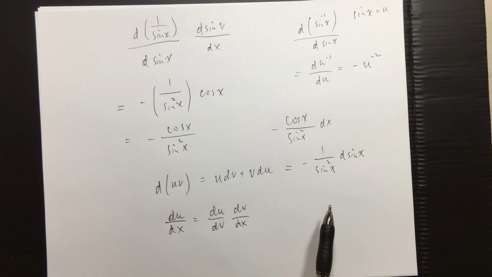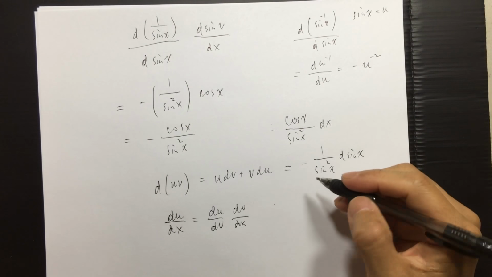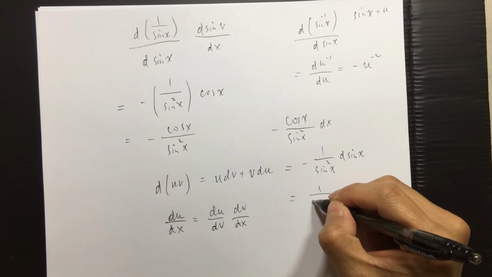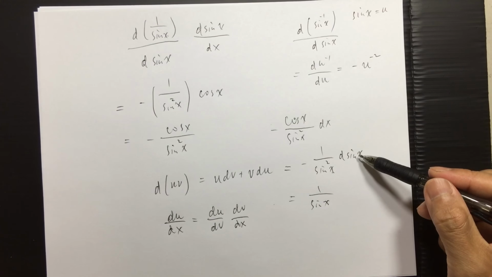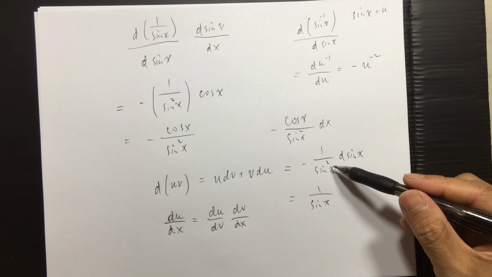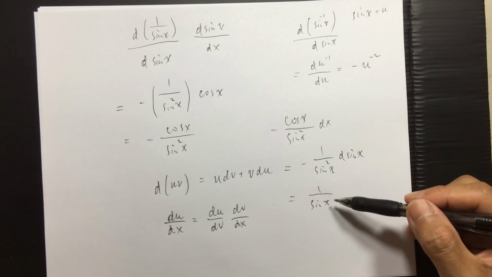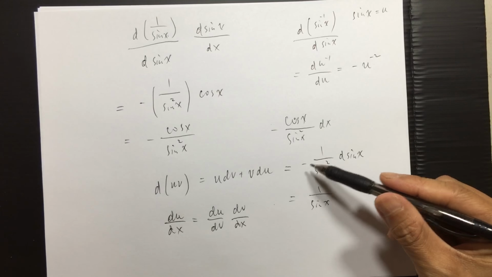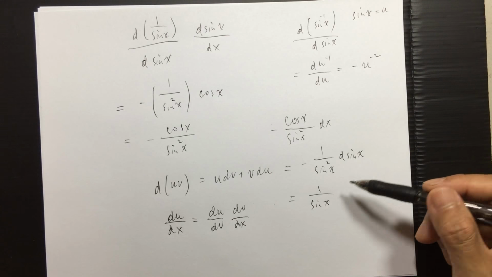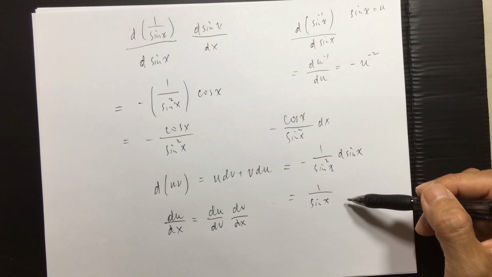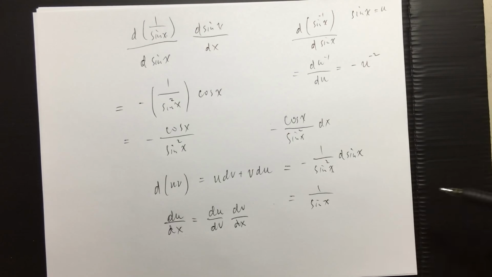This you know how to do. Yeah. This equals 1 over sine x. Because if you call this x to the power minus 2, minus 2 plus 1 becomes minus 1, and then the minus sign goes out with the minus sign. So when you really sit down and look at this, it's not that hard.